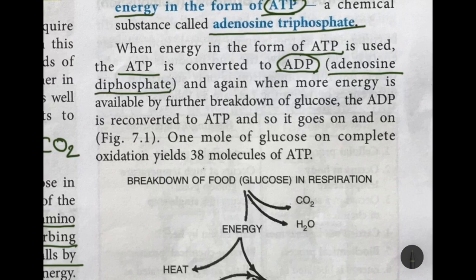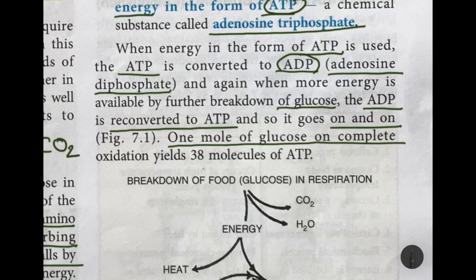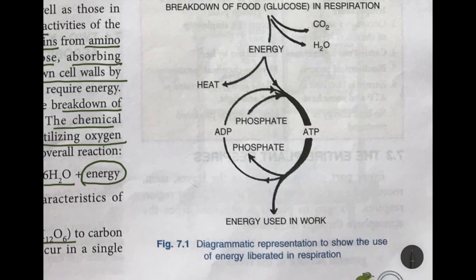Now again when more energy is made in the plant body by breakdown of glucose using oxygen, the ADP is reconverted to ATP. That means one more phosphate group is added to the diphosphate and again it turns into ATP, that is adenosine triphosphate. So this process goes on and on. Remember children, 1 mole of glucose on complete oxidation gives us 38 molecules of ATP. That is quite a lot of energy.